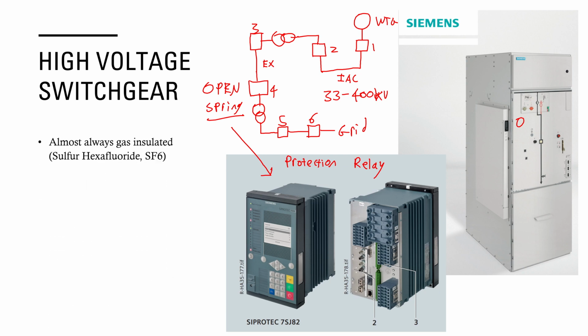Now, because of the high voltages involved and because of the relative lack of space inside the wind turbine and the offshore substation, typically gas insulated switchgear is used. Now that gas is there to quench the arc that occurs when very high voltage contacts are brought together and pulled apart.